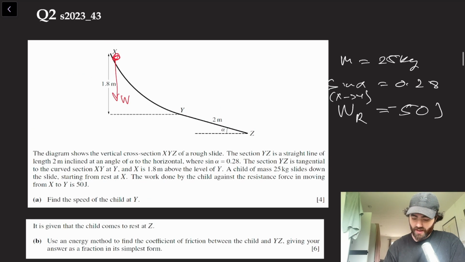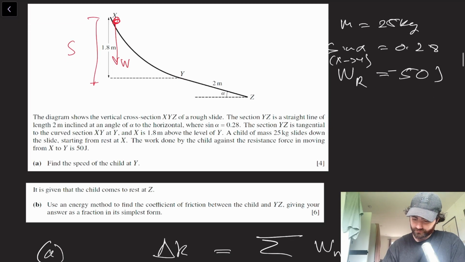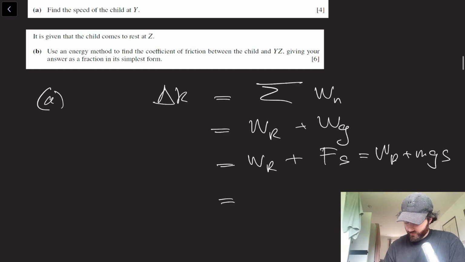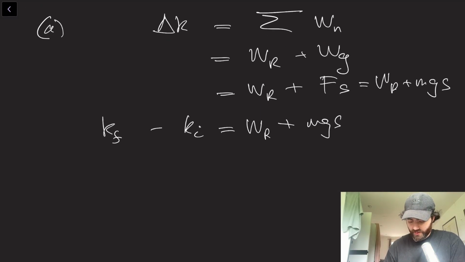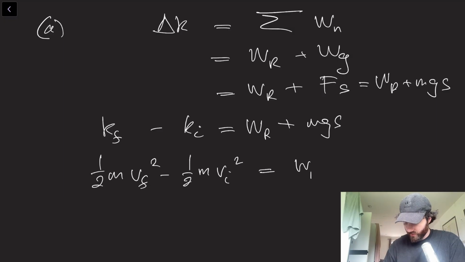And our s between X and Y is 1.8. The change in kinetic energy will be the final kinetic energy minus the initial kinetic energy, which is half m v final squared minus half m v initial squared, which equals WR plus mgs.